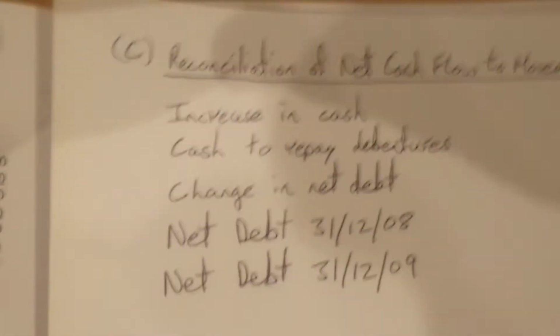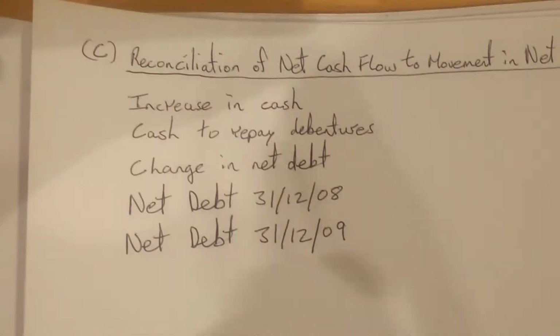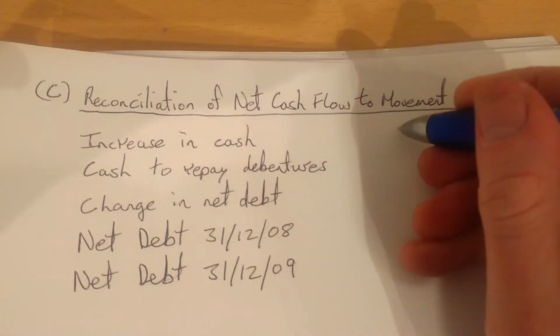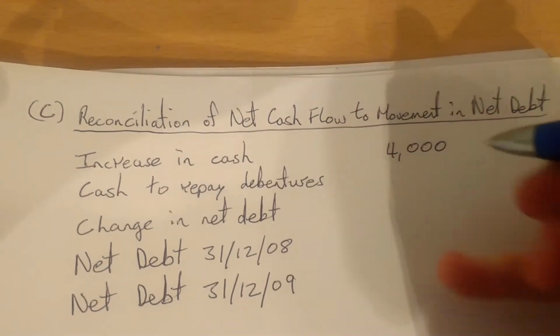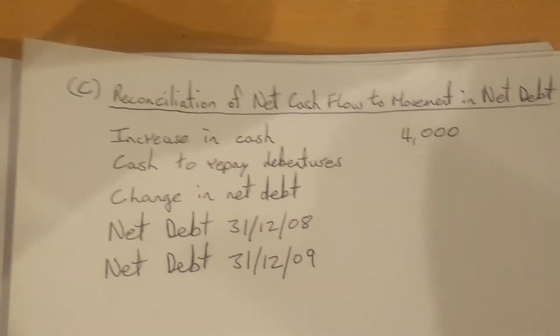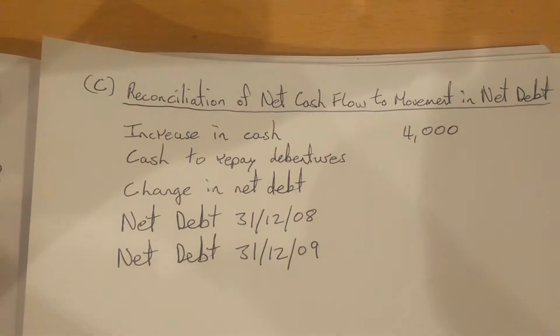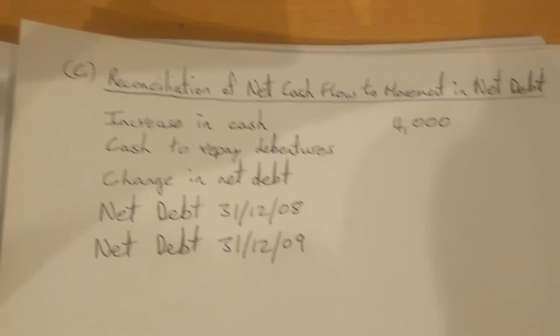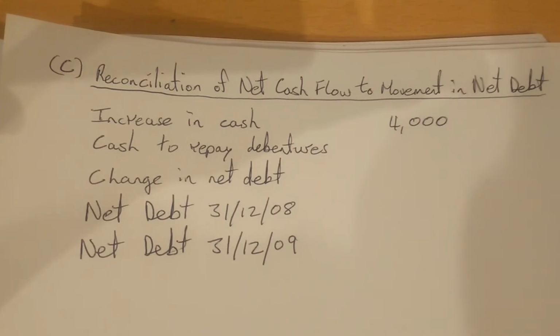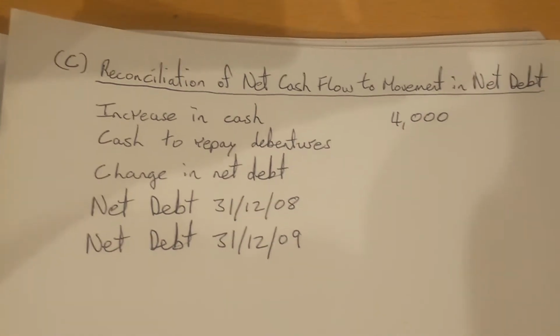So that is going to be our first line of this reconciliation statement: increase in cash, plus €4,000. If it was an increase, it's a plus. If it was a decrease, it's a minus. If it was a plus in the cash flow statement, it's a plus down here in the reconciliation, and if it was a minus, it'll be a minus.